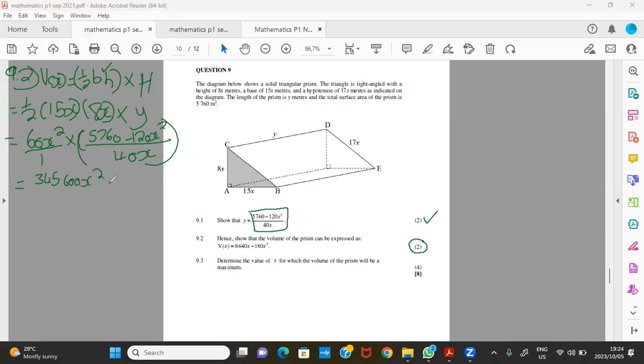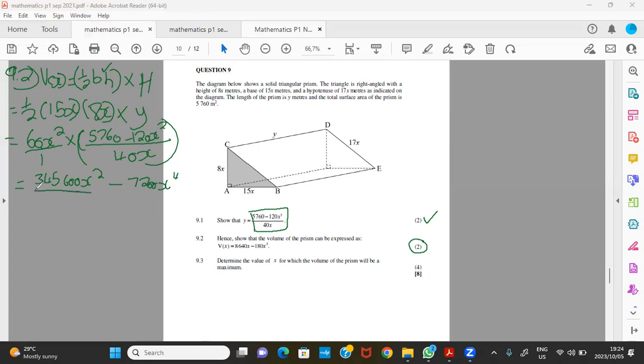Then we have minus 60 times 120, which is 7,200 x to the power 4.